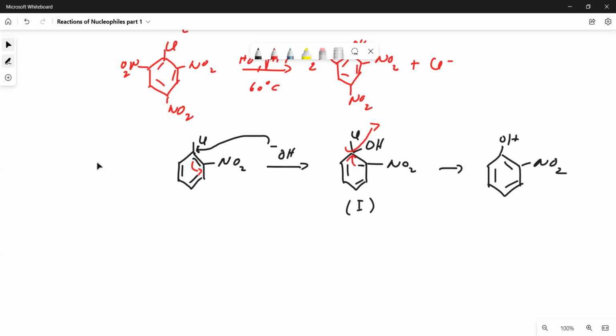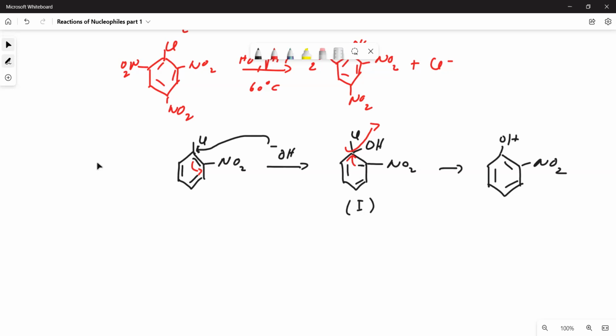In nucleophilic aromatic substitution, strongly deactivating groups like nitro will enhance the rate of nucleophilic aromatic substitution, but of course it will slow down the rate of electrophilic aromatic substitution. That's the difference. And the more deactivating, the faster the rate of nucleophilic aromatic substitution.